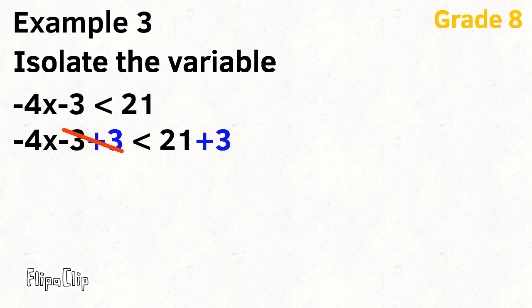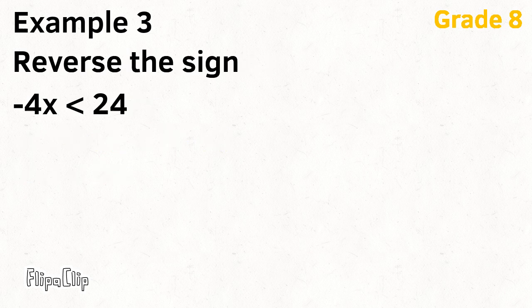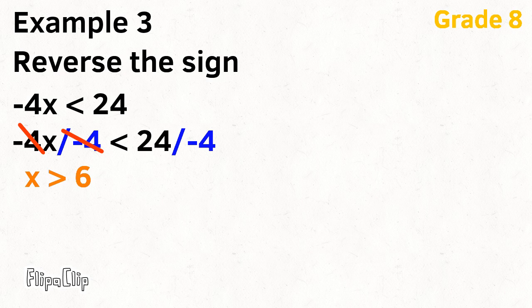And that'll give us negative 4x is less than 24. And so for the next step, since x has a negative coefficient, we have to reverse the sign. So that'll give us x is greater than 6.